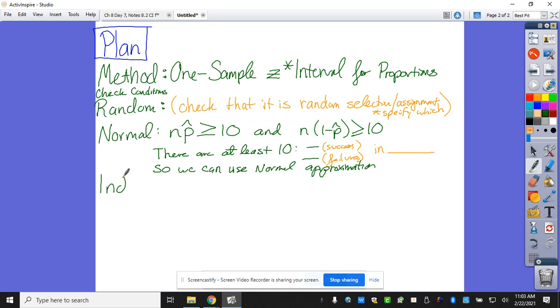Independent. Which is checking what condition? And what is the 10% condition? And then that one needs to end, or like, I'm starting it up here.